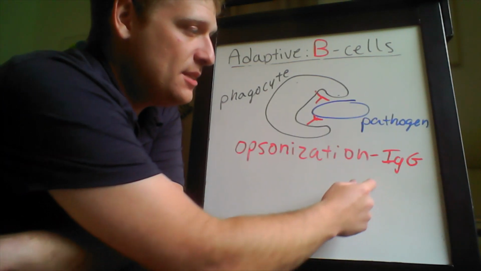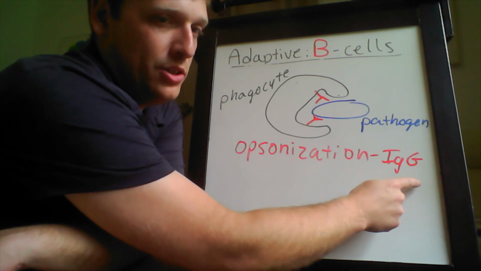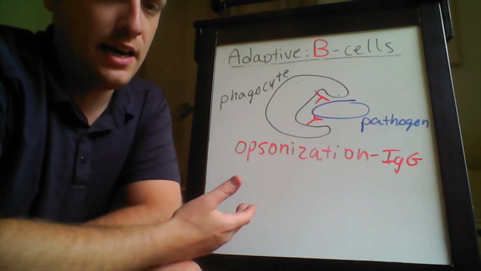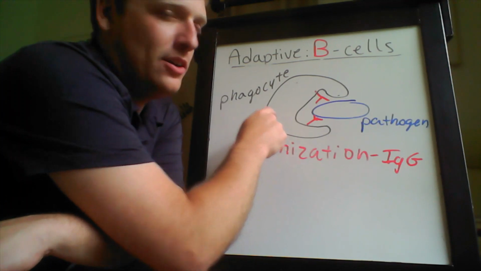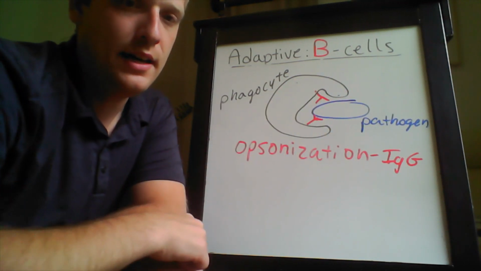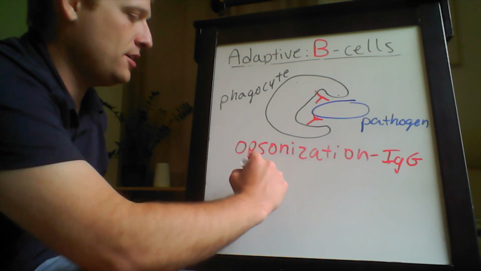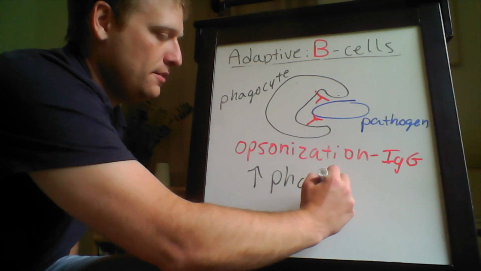In this case, this specific type of antibody, IgG or immunoglobulin G, is going to help with opsonization by binding both the pathogen and the phagocyte, bringing them close together and promoting phagocytosis. So opsonization is just going to increase phagocytosis.